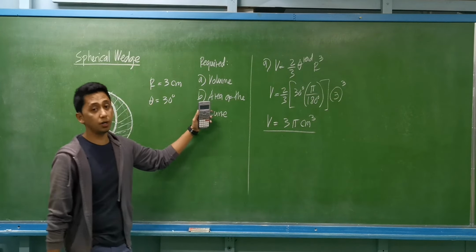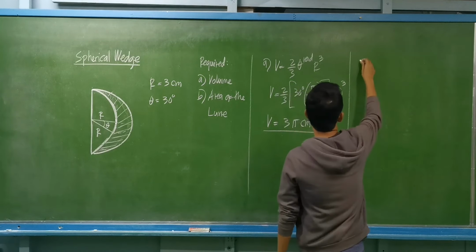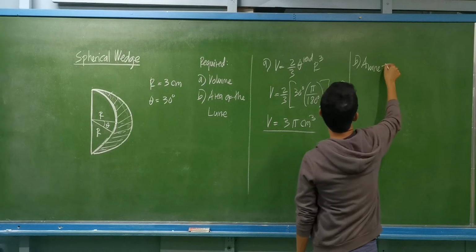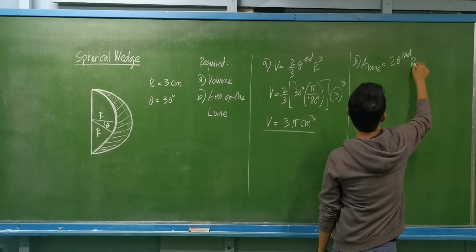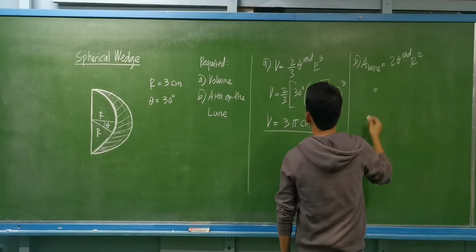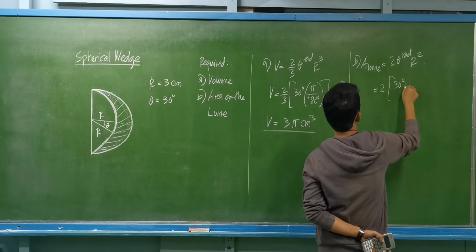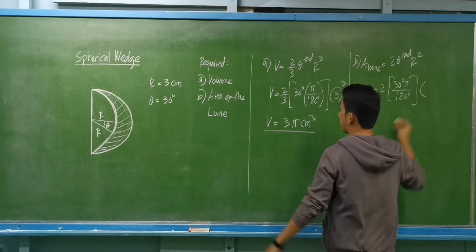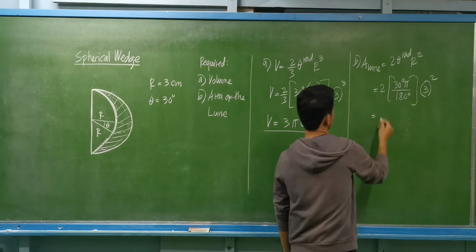Then computing for the area of the lune. Letter B, the area of the lune is equal to 2 theta in radians multiplied by the radius squared. So we have twice of 30 degrees times pi divided by 180 degrees to be in radians, multiplied by the radius, that is 3 centimeters squared.